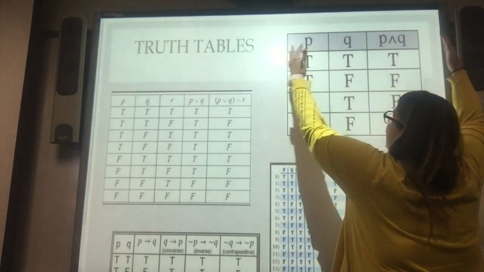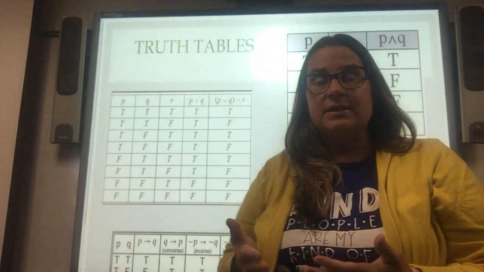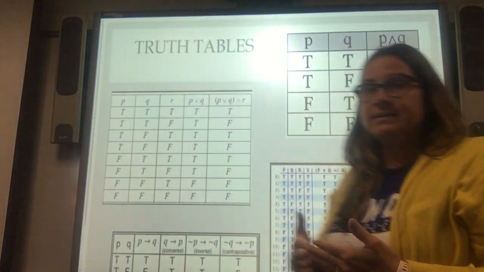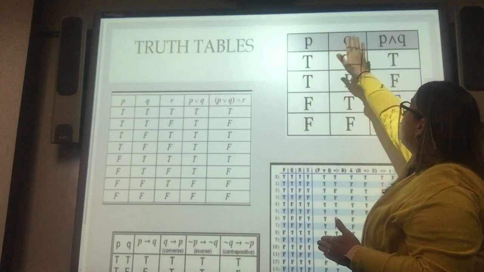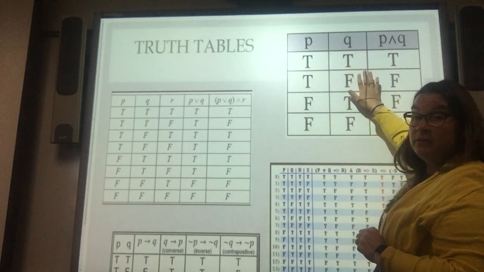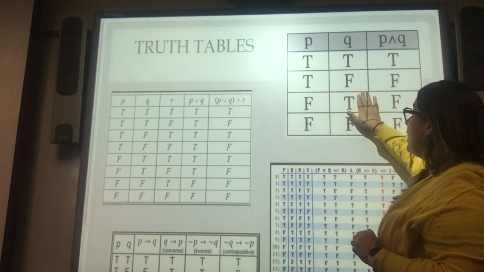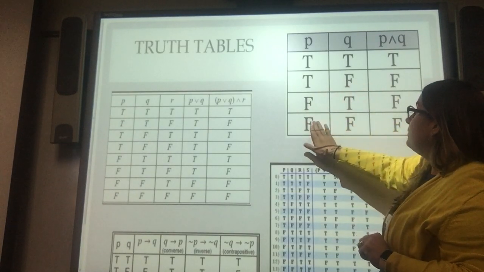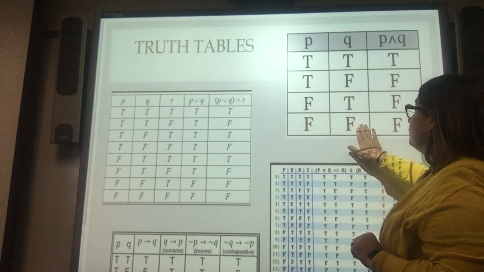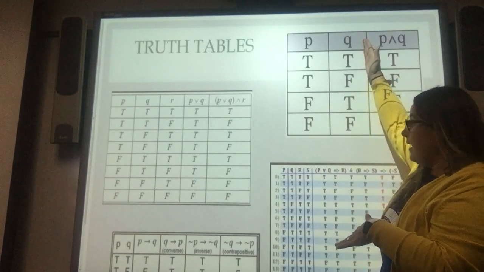So what this table displays are all the possible combinations of true and false statements. So P can be true and Q can be true. P can be true and Q can be false. P can be false while Q is true, and P is false while Q is false. This gives me all the different options, okay?